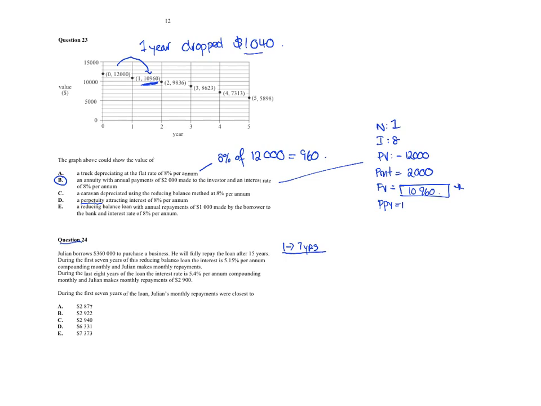This is what's happening and what we know. All right, so we want to know the payments for that first 7 years. So if we have a look, it's 7 times 12, because she's making monthly payments here. The interest rate for the first 7 years is 5.15. The PV, so what she borrowed, the bank gave her 36,000.